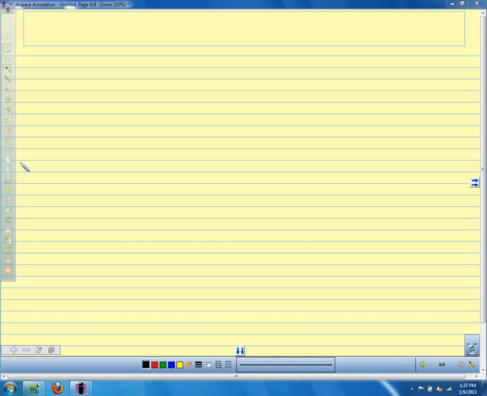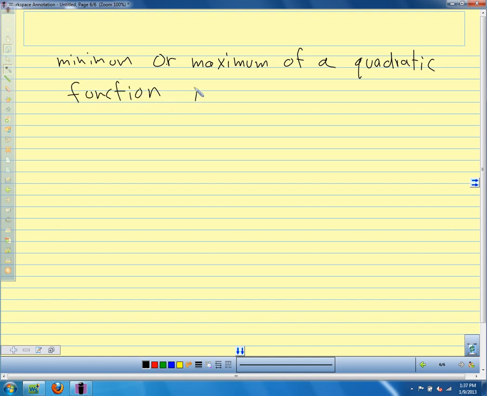So for the graph of a parabola, and what gives us a parabola is a quadratic function, they only have one or the other, minimum or maximum. The minimum or maximum of the quadratic function is at the vertex.